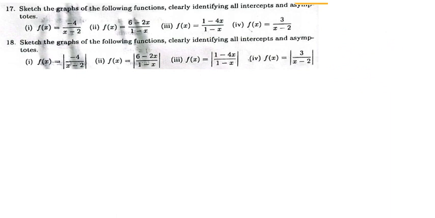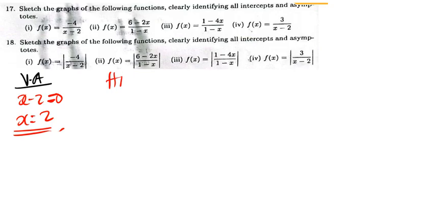Now, the way we are finding the domain, we are saying that the denominator should not be equal to 0. But when we're finding the vertical asymptote, you just get the denominator, x minus 2, and set it equal to 0. So x is equal to 2. My vertical asymptote is x equals 2. What of the horizontal asymptote?